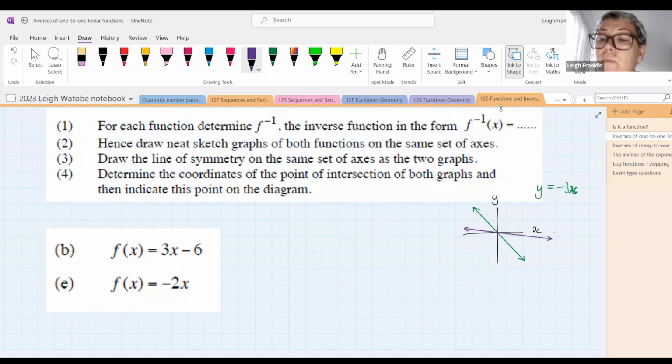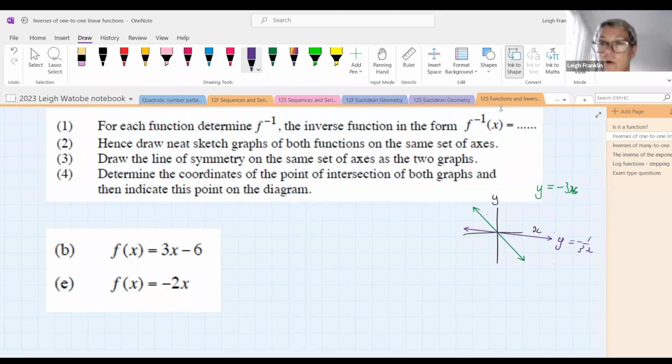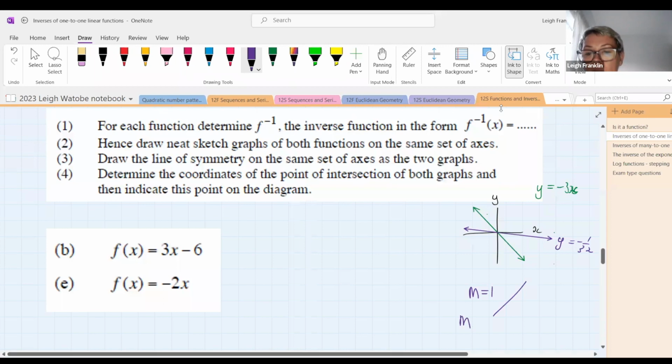Ma'am, how do you know whether the line should be steep or shallow? Okay, so that knowledge comes from grade 10, grade 9. The closer your gradient is to 0, the flatter the line is going to be. So if the gradient is equal to 1, then it would be like this. But if your gradient is equal to 2, then the line would be steeper.